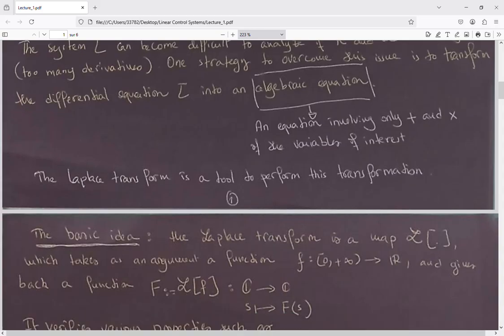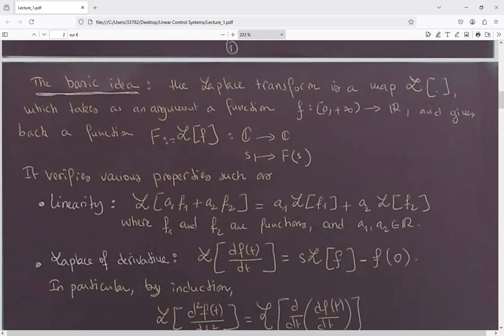So what is the basic idea behind the Laplace transform? Essentially, it is a map, a function that takes as an argument another function here, small f. This f is a signal that is defined for positive time, which is real valued.